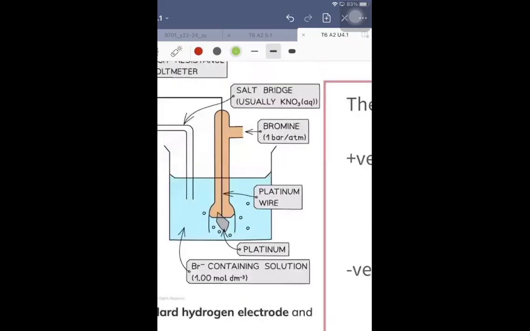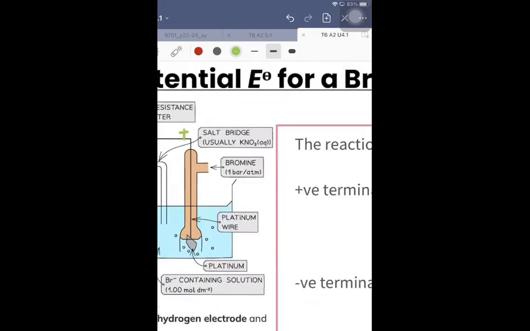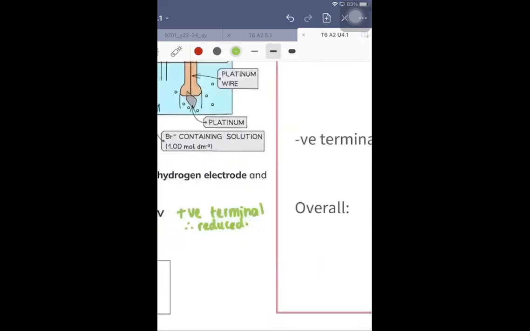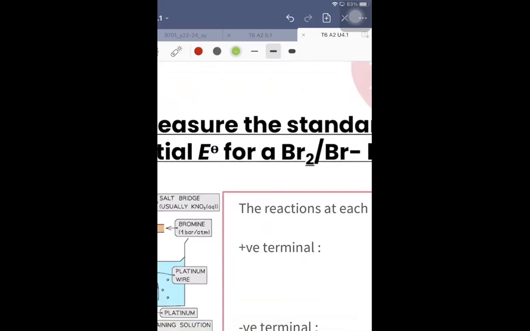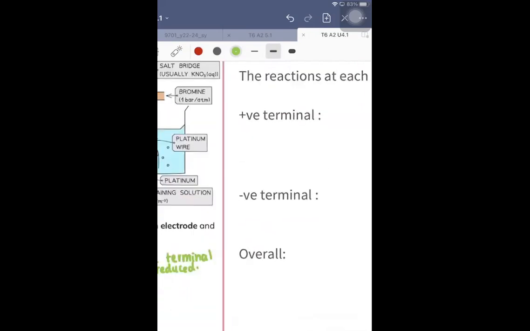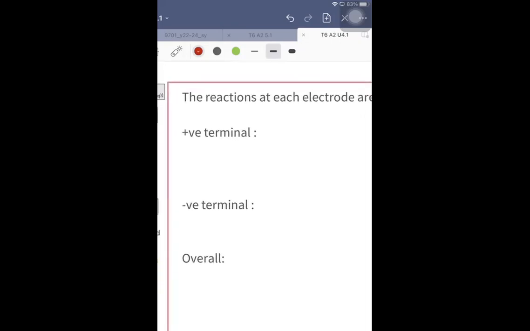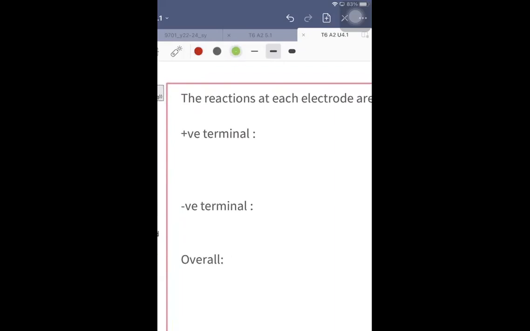So I will write it here. Bromine is my positive terminal and hydrogen is automatically my negative terminal. So this is my negative terminal, therefore oxidize. Okay. So at the positive terminal, reduction is happening.